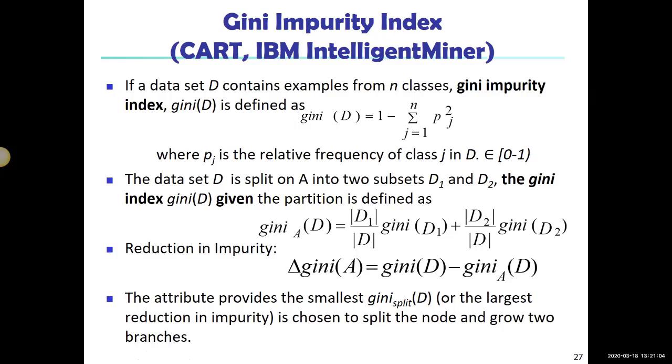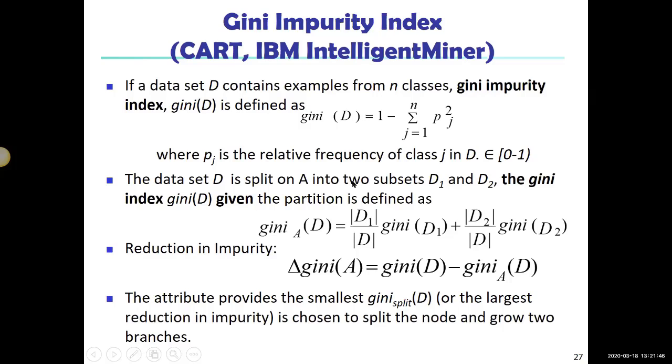We're not going to do a multi-way split, only 2. So instead of the sum over all partitions, you have basically branch 1 and branch 2, or subset 1 and subset 2. The impurity reduction is computed by taking the difference between the original Gini index and the after-split Gini index. The greater the gain, the greater the reduction in impurity, the better this attribute is for our split.